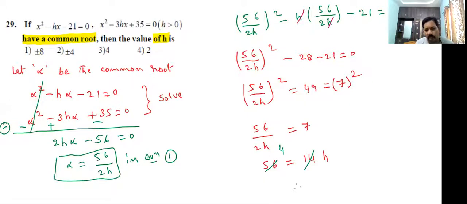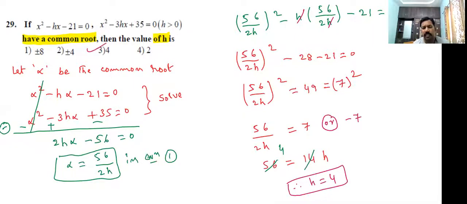So overall, what is the h value? 4. So which option is correct? Third option. And here 49 means 7 square, so we can take either plus 7 or minus 7.